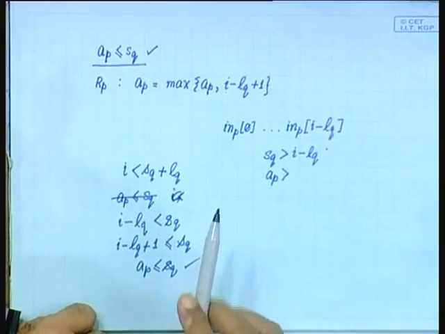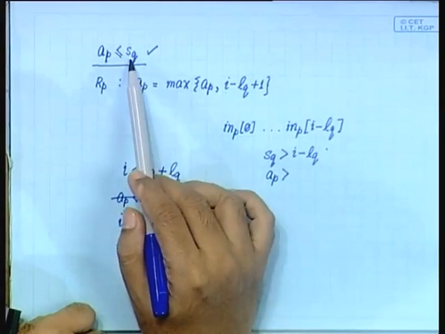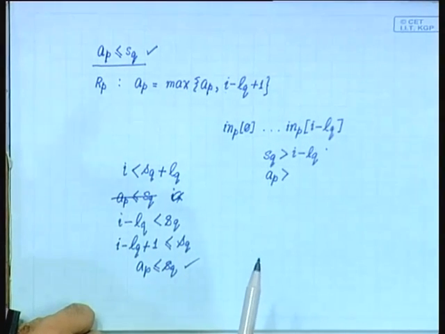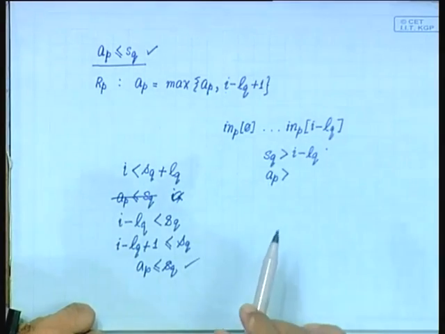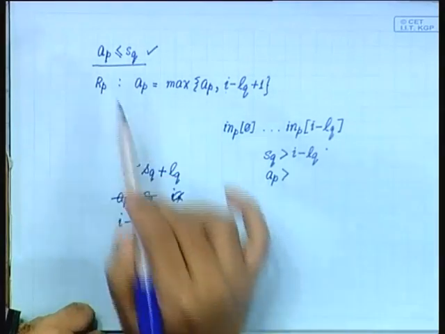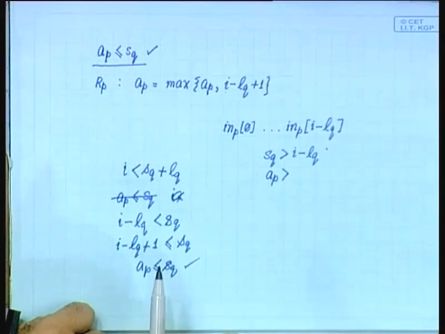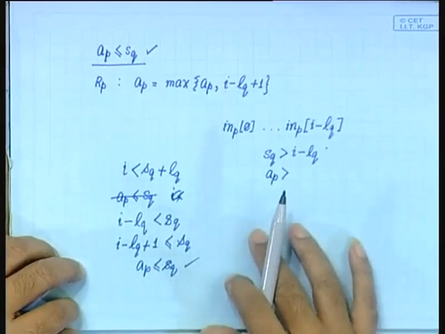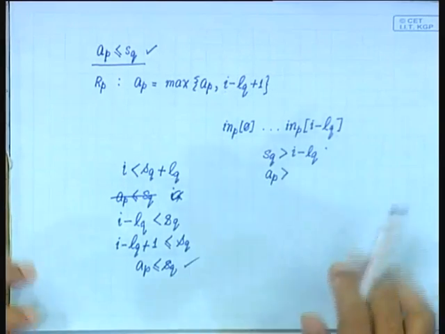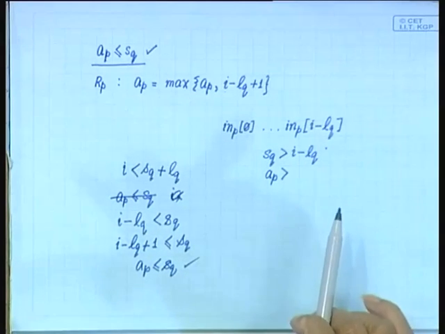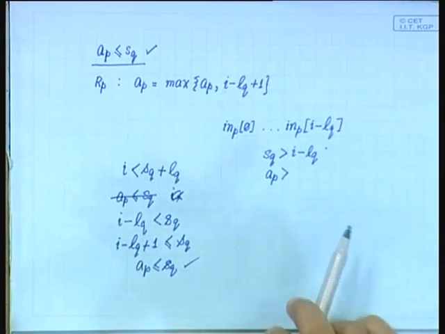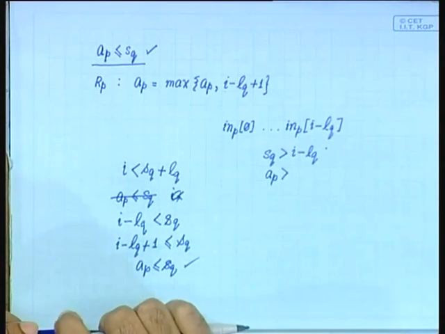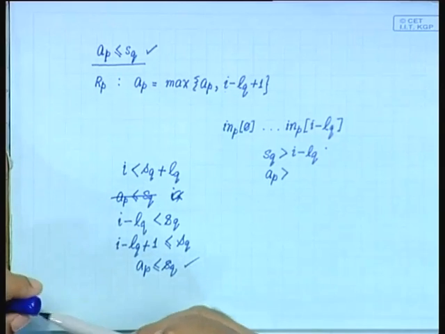Now, note one thing: SQ can change in between, but it can only increase. If it increases, it does not affect this inequality. So we have shown this one also. The other ones, the SP and LP, do not change AP, so they do not affect this inequality at all, clear.